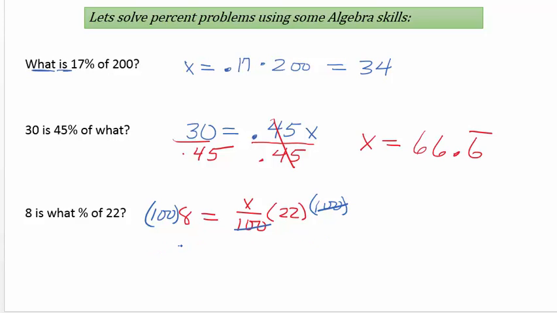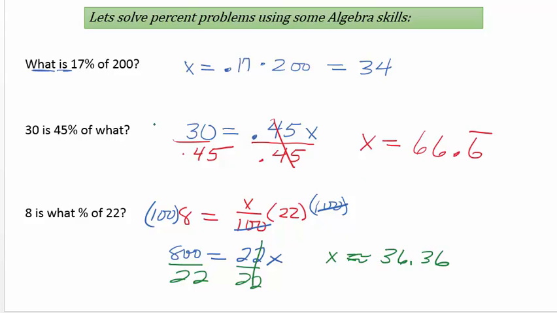And now we have 800 equals 22x. And the way to get rid of that multiplication of 22 is to divide by 22. So our answer is going to be x equals whatever 800 divided by 22 is, and I'm getting 36.36 approximately. So this means approximately equal to 36.36.